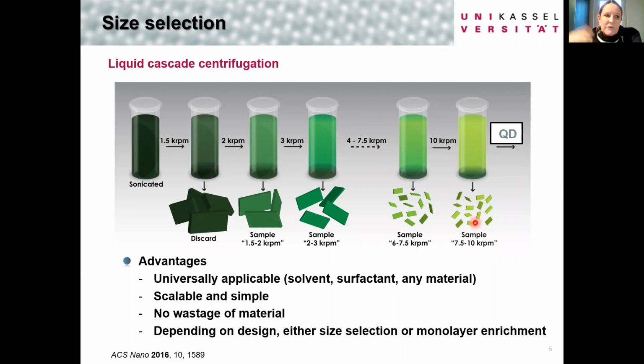So for example, if you used a surfactant before, you can redisperse without surfactant. Or you can exchange the solvent, for example, if you had a high boiling point solvent such as N-methylpyrrolidone, which is popular, you can replace it with another one that is less toxic, less high boiling or whatever. So this is why this is quite nice, and we can do it for the different materials.